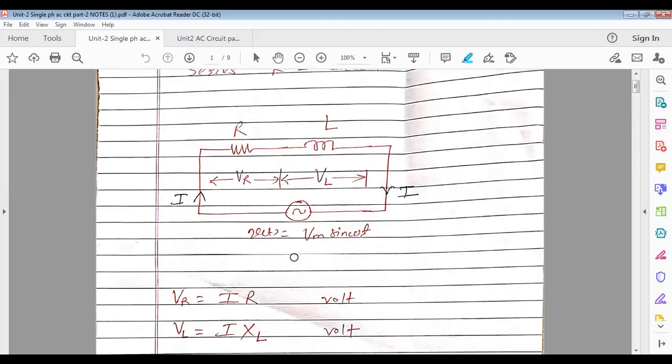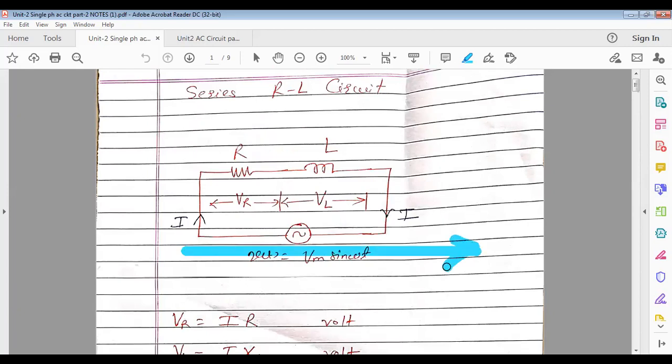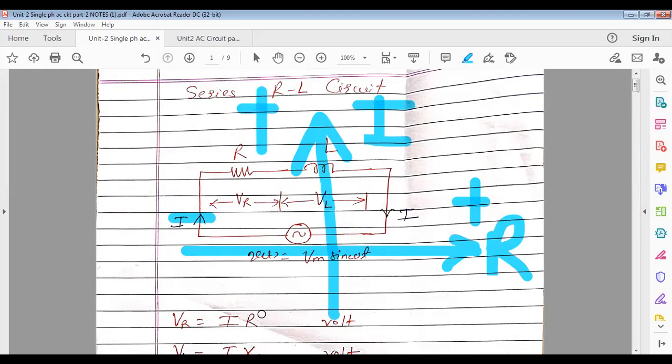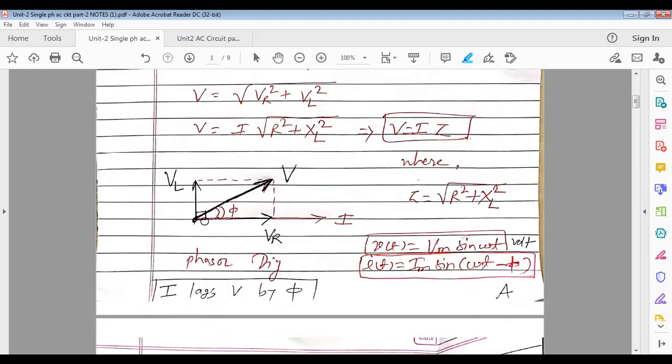Whenever we plot a phasor diagram, we plot it in the S plane, where the x-axis is the real axis and the y-axis is the imaginary axis, same as a linear graph, with positive and negative directions. Since the same current is flowing, I consider current as the reference and take it along the positive real axis.